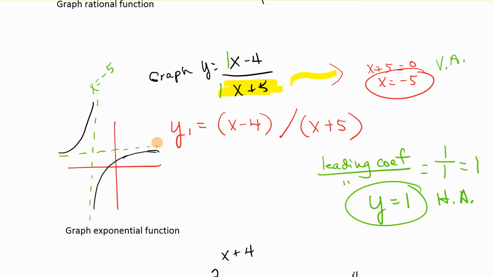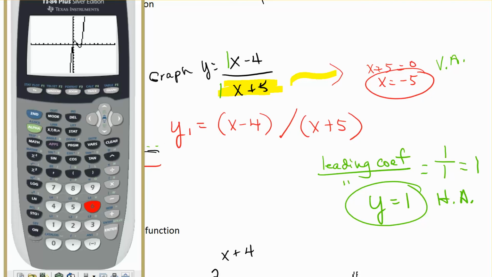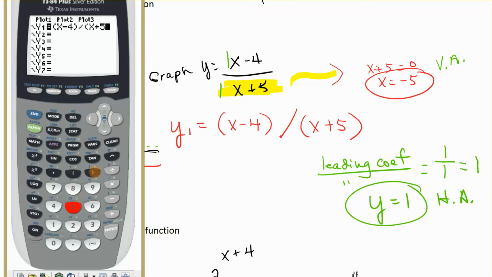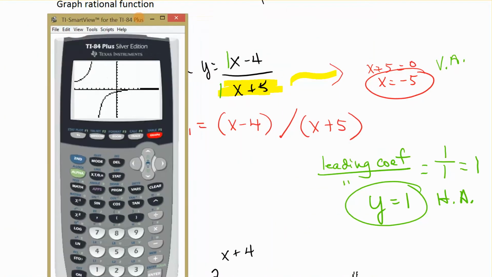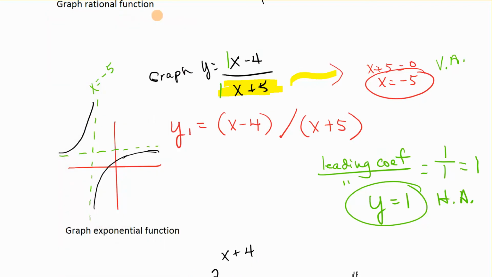If you're picking a graph, you could certainly go to y1 and be sure that you put the top in parentheses and the bottom in parentheses. And then when we hit graph, we're going to see that we did get something like this. And you could use your calculator to do that on the test. But that's what's happening.